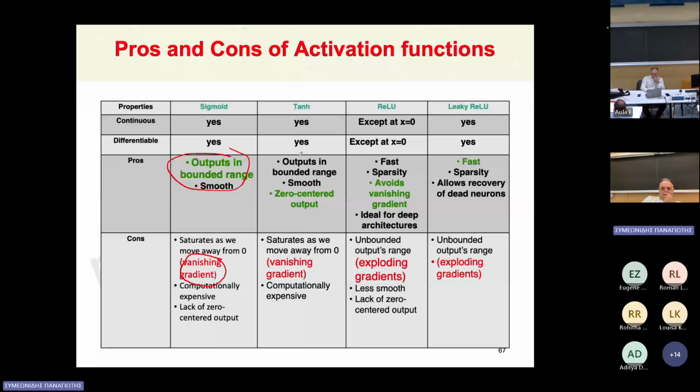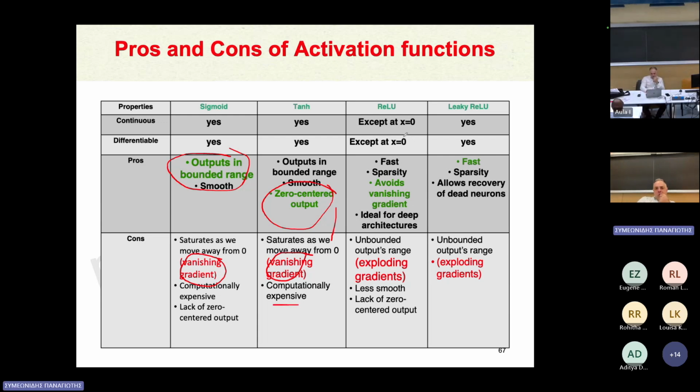Hyperbolic tangent also, the advantage is that it has a zero-centered output. However, it also has the problem of vanishing gradient. This means that it saturates as we move away from zero, and it is computationally expensive.